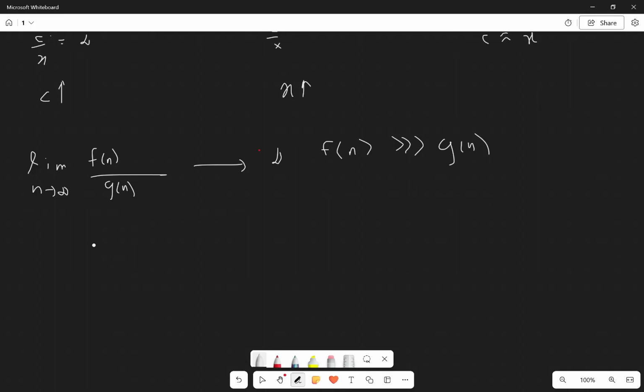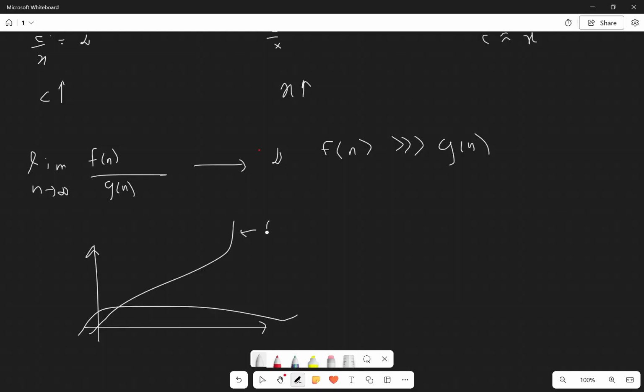So if I draw a graph, it could go like this. This is fn, this is gn. At infinity, the value of fn is significantly larger than gn. So as you can see, gn acts as a lower bound to fn.